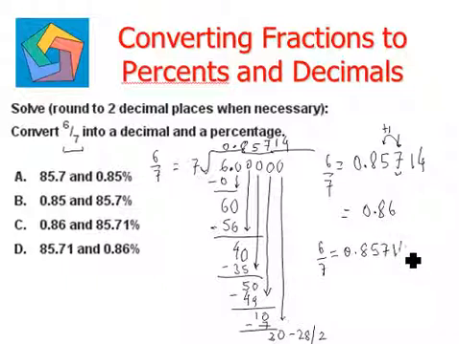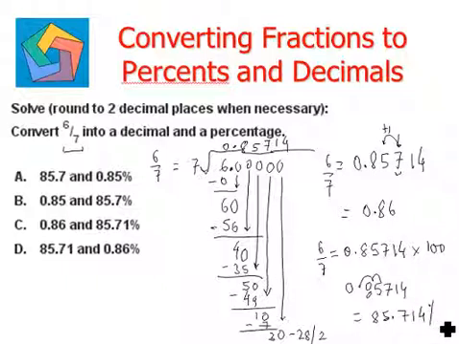0.85714. Now to convert it into a percentage, we multiply by 100. For multiplying by 100, we will move two places to the right from this decimal sign, 1 and 2. So this becomes 85.714%. Now we have to round to two decimal places.